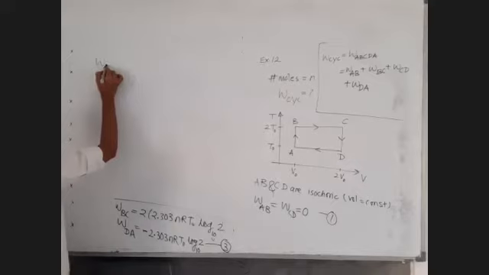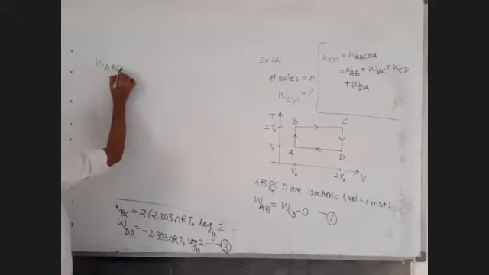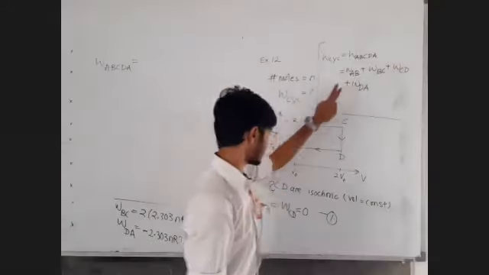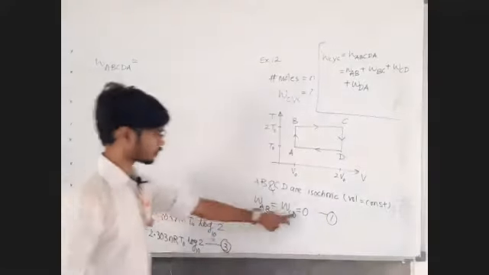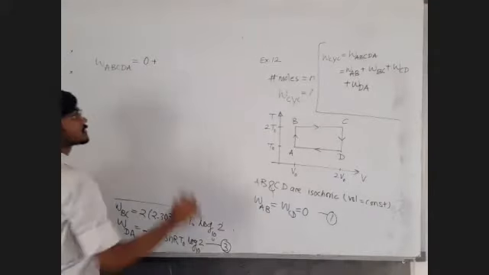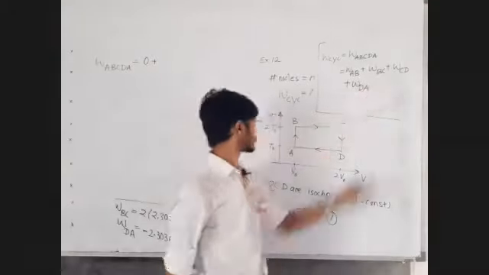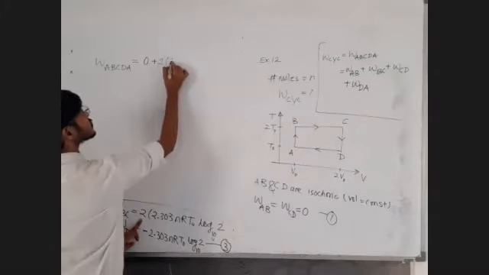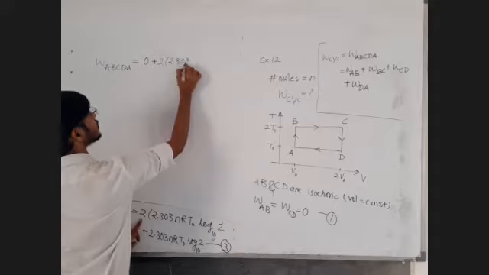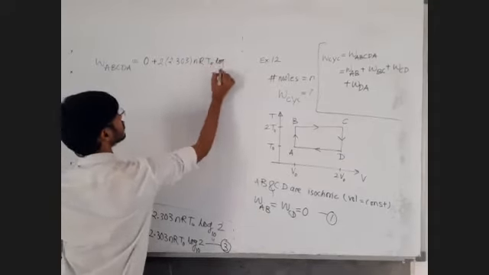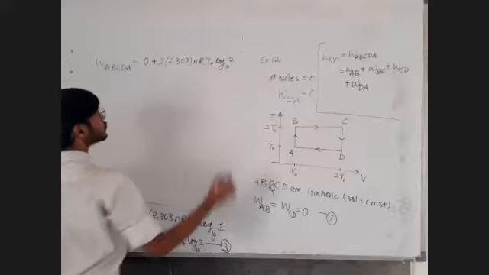Work done in the cyclic process A, B, C, D, A is equal to work done in the process AB. Work done in the process AB and CD is equal to 0. So AB is 0 plus work done in the process B to C. It is this 2 times 2.303 nRT0 log to the base 10 of 2.